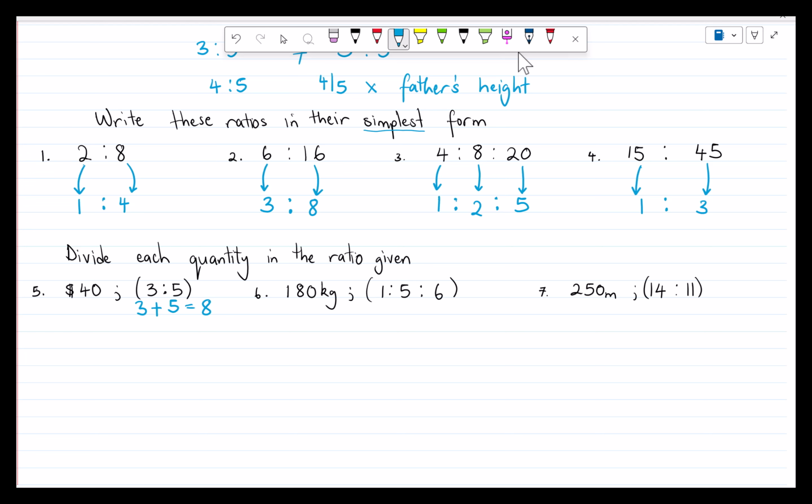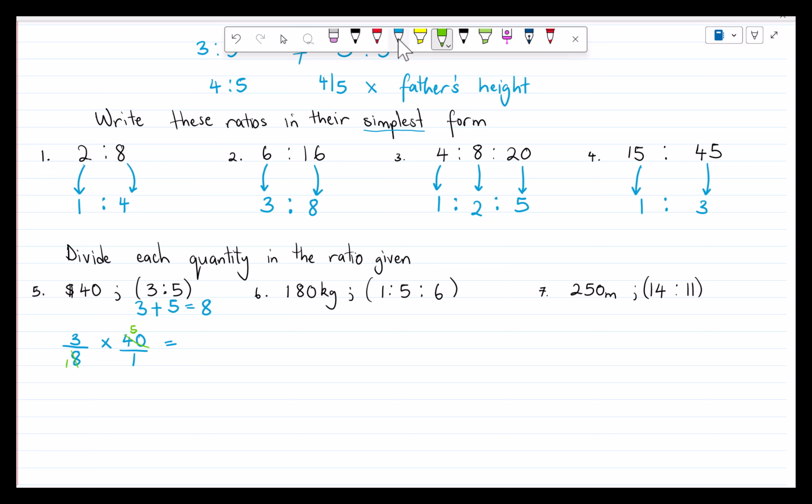Now if you want to find the share for 3, we say 3/8, that is 3 over the total ratio, which is 8, and we multiply this by the value that we are sharing, which is 40/1. Now 8 into 8 is 1, 8 into 40 is 5.